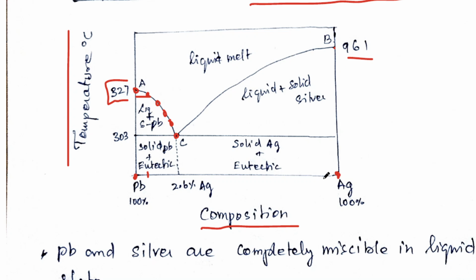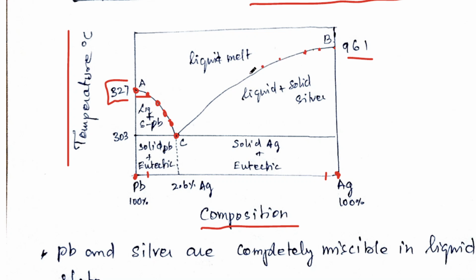When you add lead to the silver, for example 90% silver and 10% lead, you can see that the melting point of silver is also lowered. If you add more lead, the melting point of silver is lowered further.